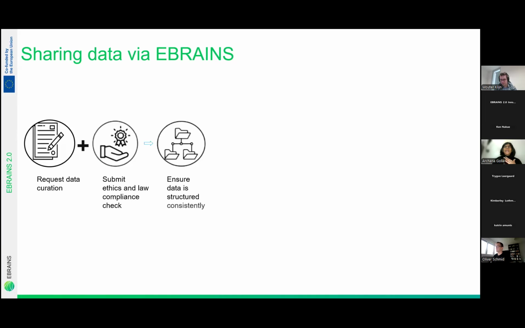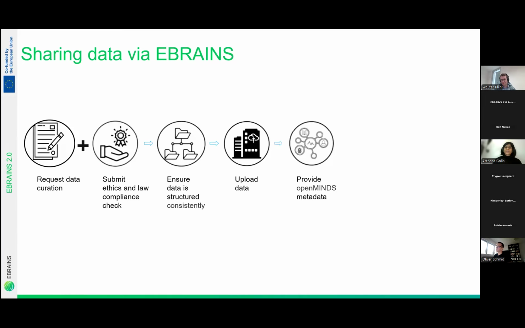Then we ensure that the data is organized well, and provide tools and services for them to upload the data. The metadata we ask the data providers to provide is in openMINDS format. And we also ask the data providers to provide a data descriptor.